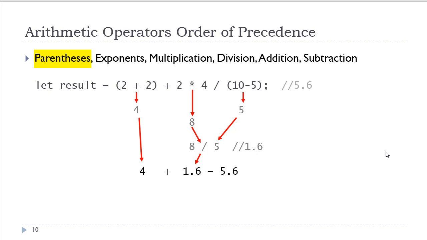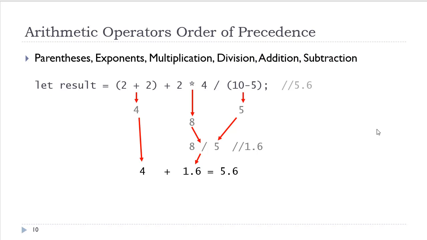And in the event that you were working with an expression, I suggest using parentheses to group things so that you know the order in which you want them to be evaluated. Parentheses first, exponents next, multiplication next, then comes division, addition, and subtraction.